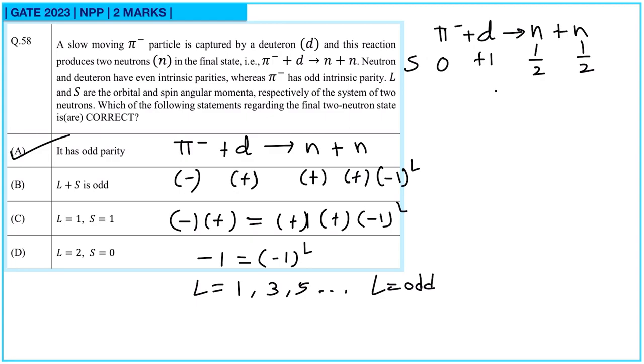So for this 2 neutron state, S is equal to 1, and also we have L is equal to 1 from here. So S is 1 and L is 1, so L plus S will be 1. So this is not the case, and this is also not the case. So here options A and C are correct.